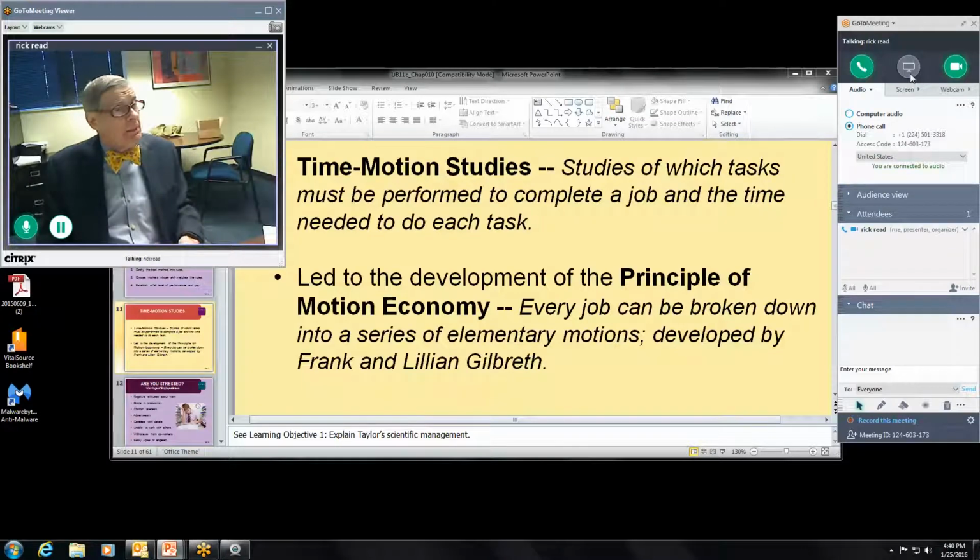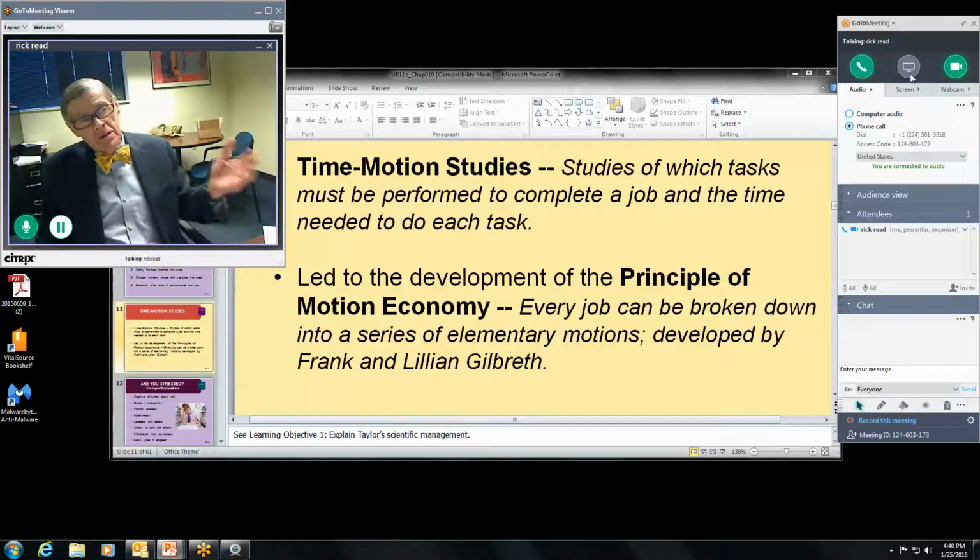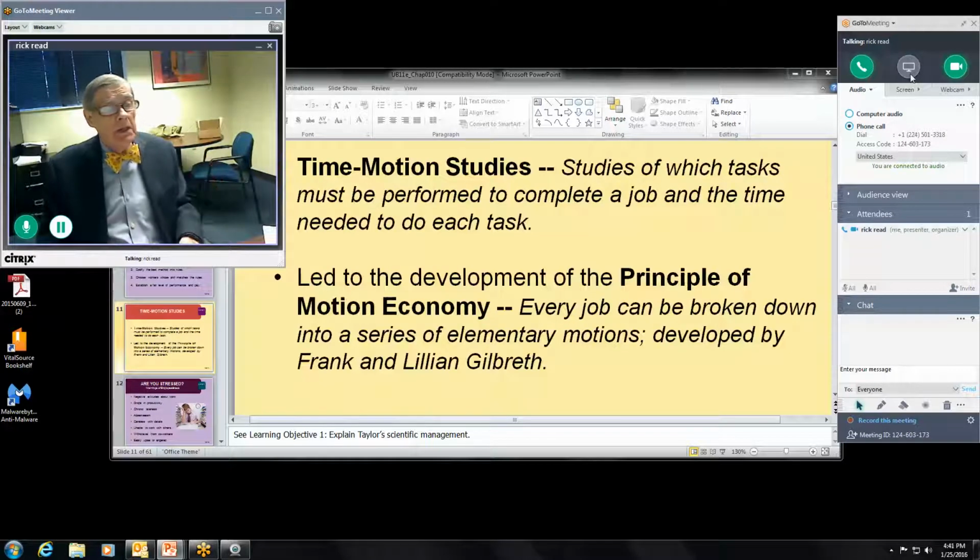There was another woman who was a well-respected management guru that I think we talk about a little bit here, Mary Parker Follett. Some of her ideas are now just coming back into vogue, but she was well-respected and well-renowned. And it seems to me, why do we have to continue to reinvent this wheel?